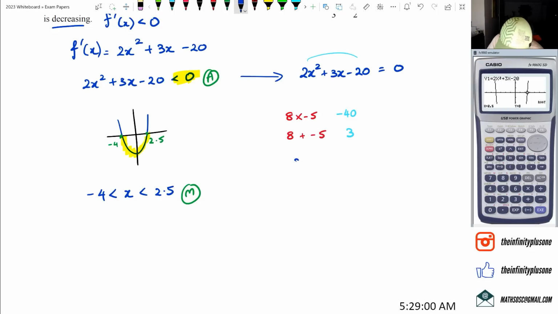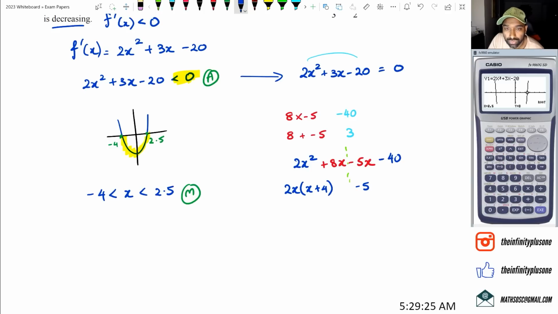Then I rewrite the quadratic as 2x squared, and use my red pen there, plus 8x minus 5x minus 40. Then I've got to split them up into 2 parts, and I've got 2x and x plus 4.